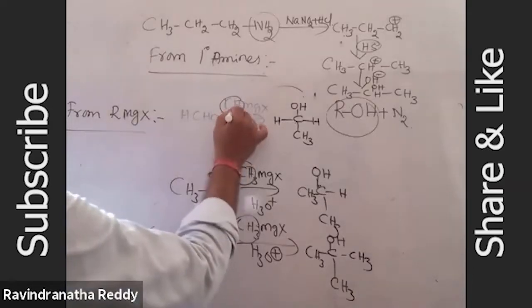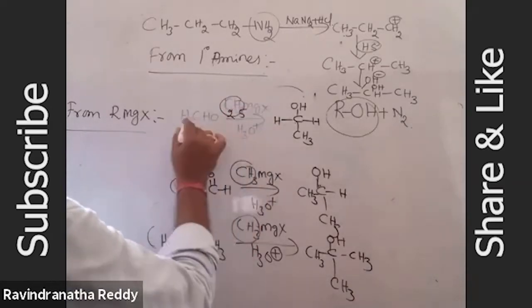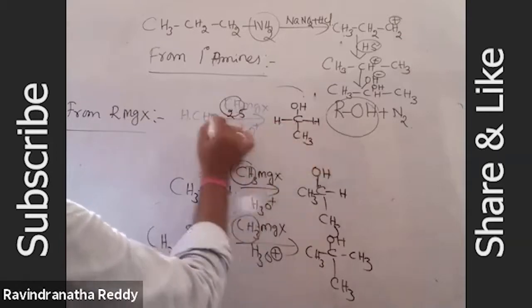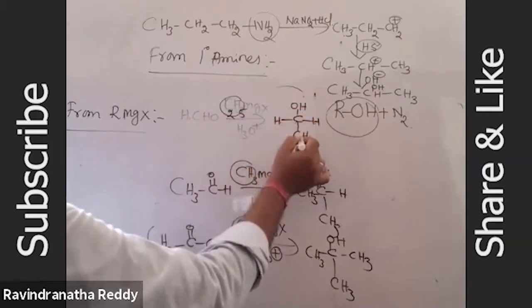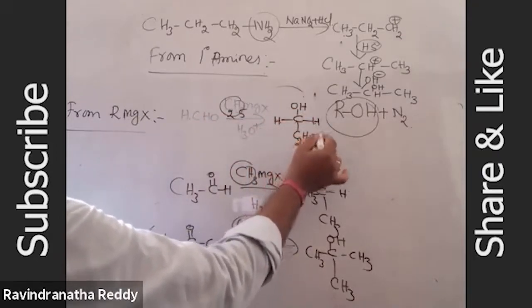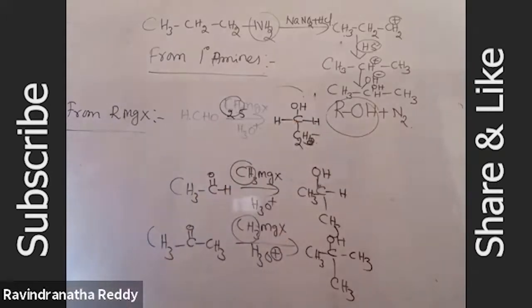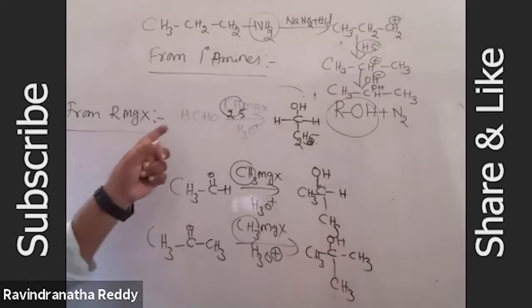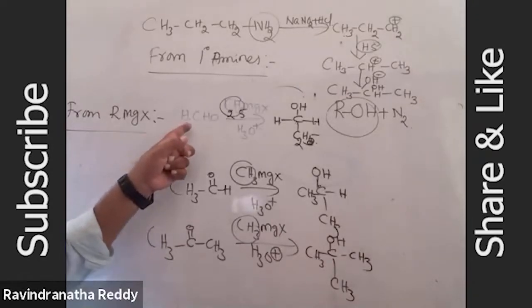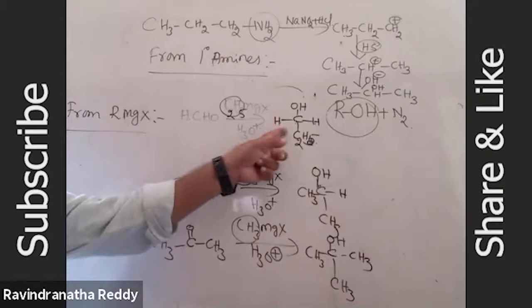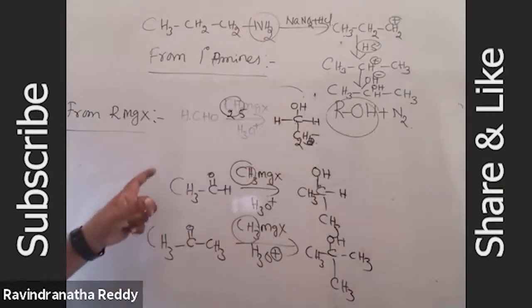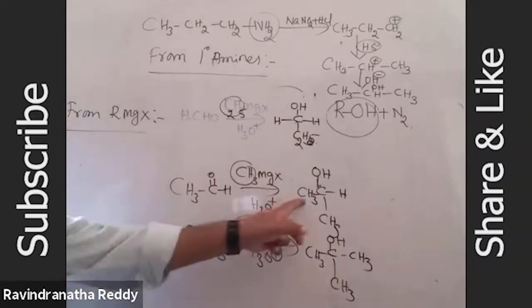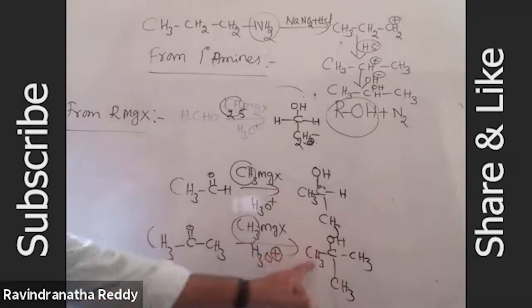Suppose in this question C2H5 is there. What is your answer? H, C, O, H, and this is C2H5. Like that, Grignard reagent with carbonyl compounds: you have to remember that only formaldehyde gives primary alcohol, other aldehydes give secondary alcohols, and all ketones give tertiary alcohols.